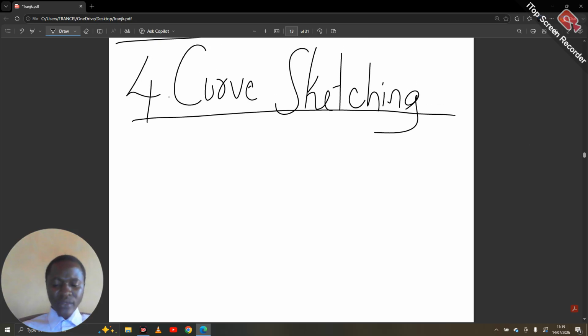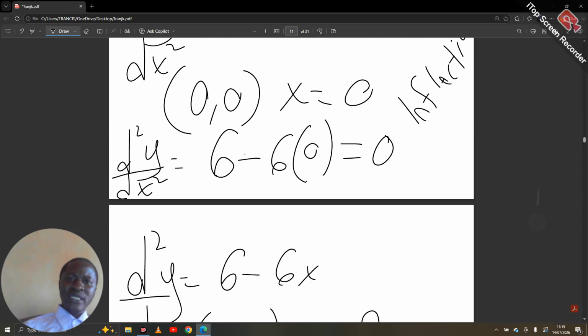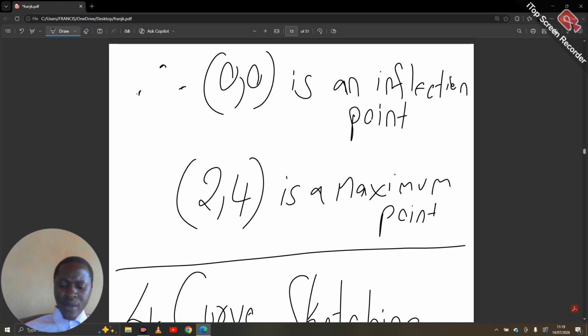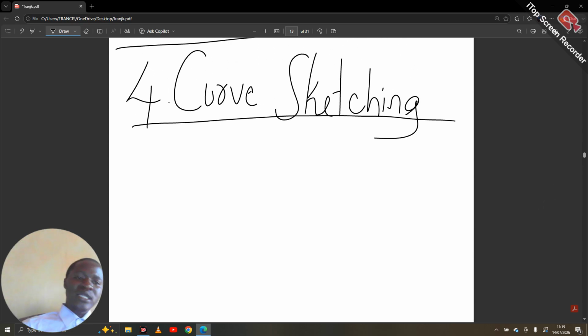Okay, having that, let us look at curve sketching. Let's start with the first example, where we talked of the direct or express. I only want the point.